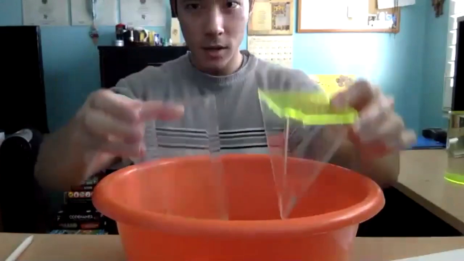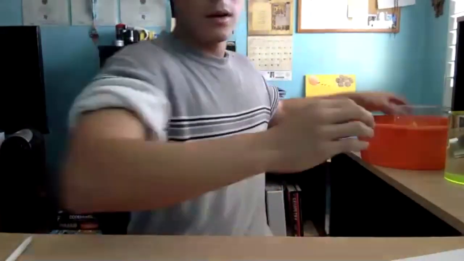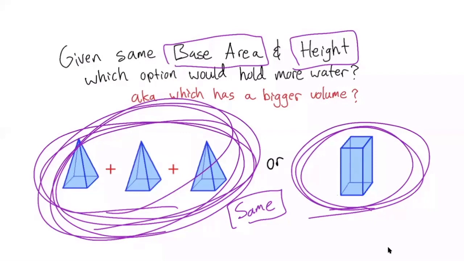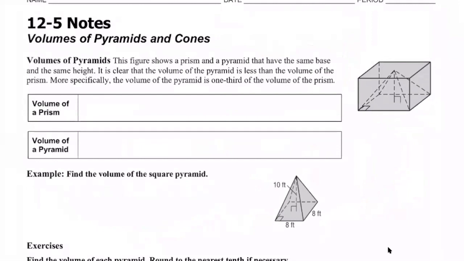A little visual. So essentially the volume for my pyramid is going to be a third of the volume of a prism. So what's the volume of a prism? It's just base area times height.